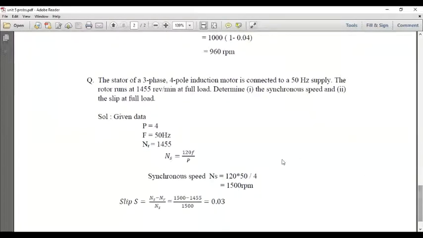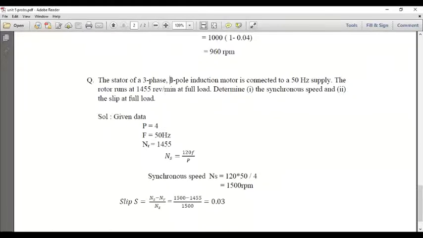Most probably the problems would be on synchronous speed, slip, etc. So if I go to another problem, the stator of a 3-phase 4-pole induction motor is supplied with 50 Hz. The rotor runs at 1455 revolutions per minute at full load. Determine the synchronous speed and the slip at full load. See, in this question, the given data is P is equal to 4.